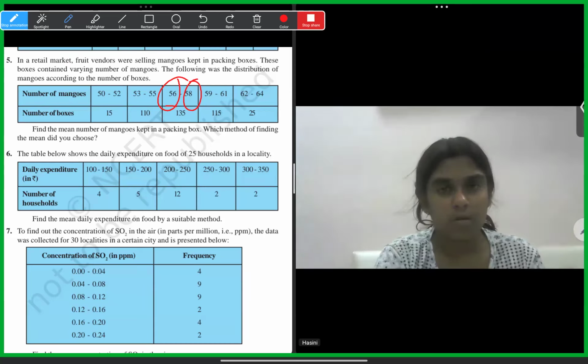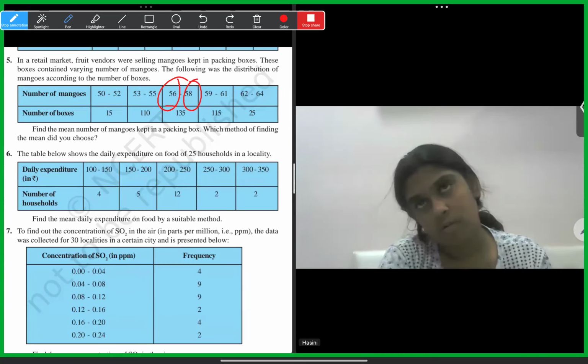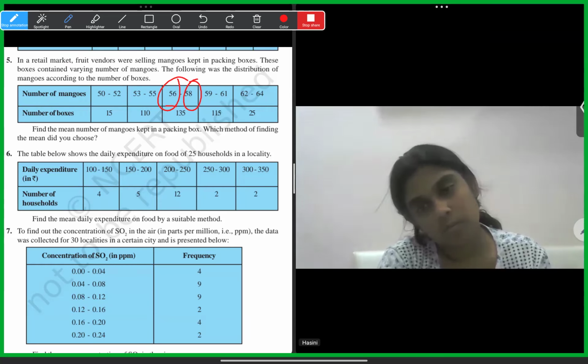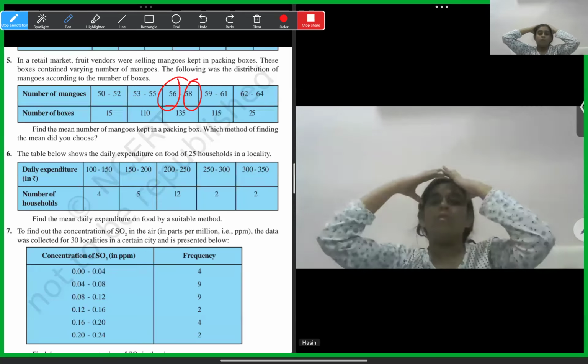Suppose somewhere it is 3, then 4, then 5. We cannot choose any particular h value, no? No, sir. So that's why we will go for the assumed mean method if class size is different.